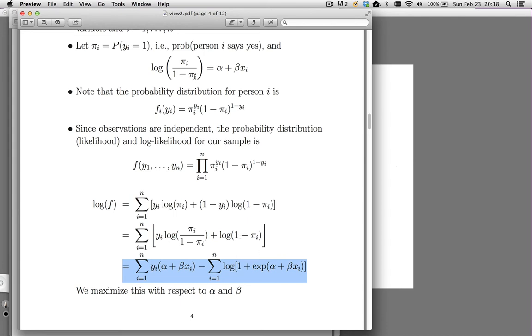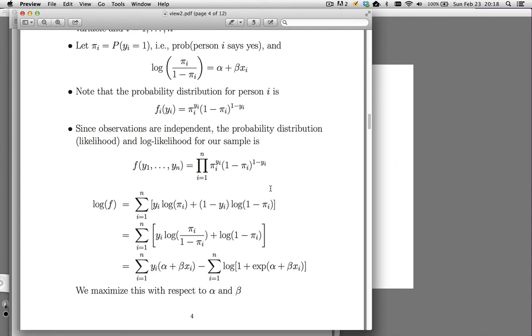And so again, you just have to play with this expression up here and substitute it in, and you'll get this. Now the point with this expression is that it's a function of only my data. So my data is these y's and x's, and the unknowns. So the unknowns are alpha and beta. Okay, so we need to maximize this.